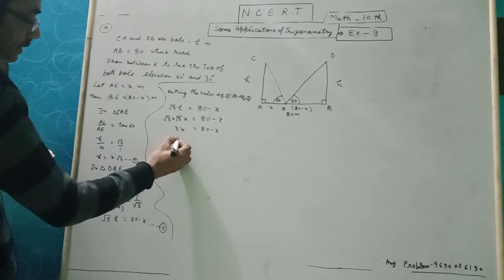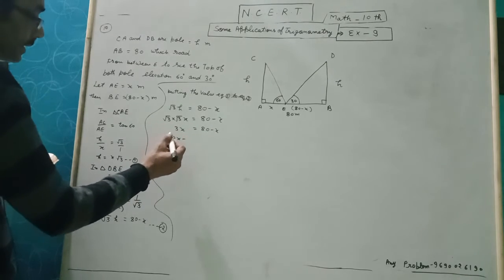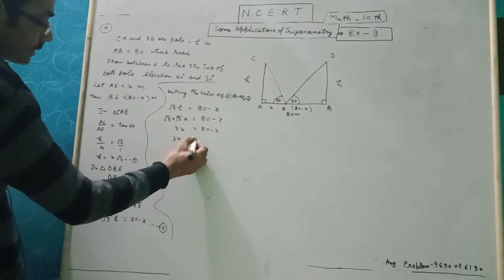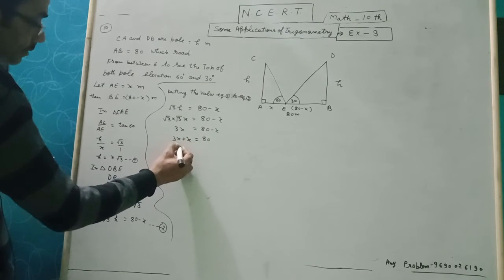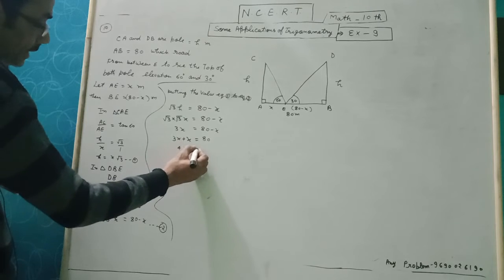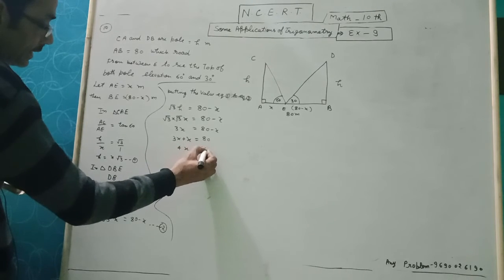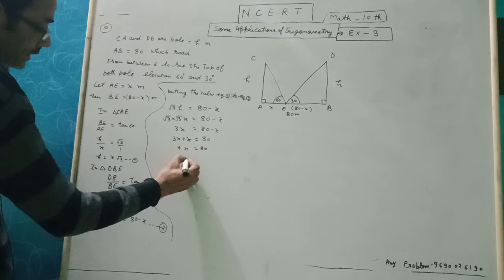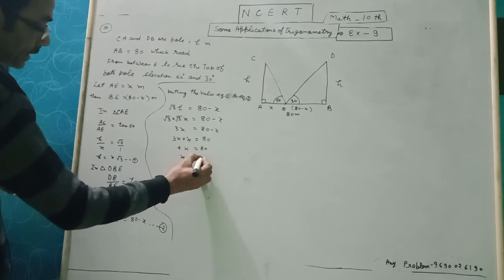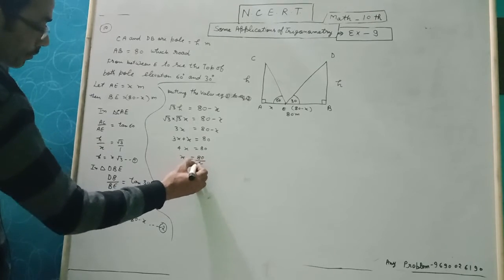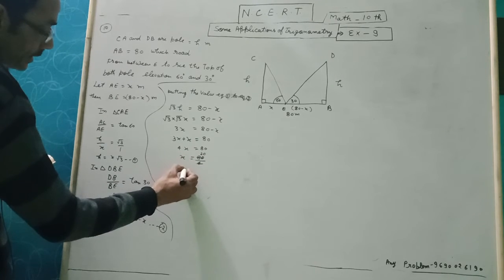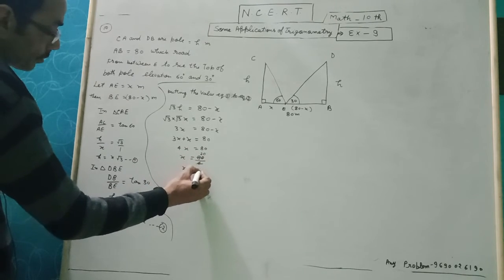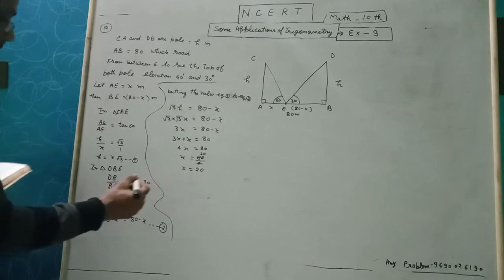X reach the left hand side, minus plus, 4x is equal to 80, and x is equal to 80 upon 4, so x is equal to 20 meter.